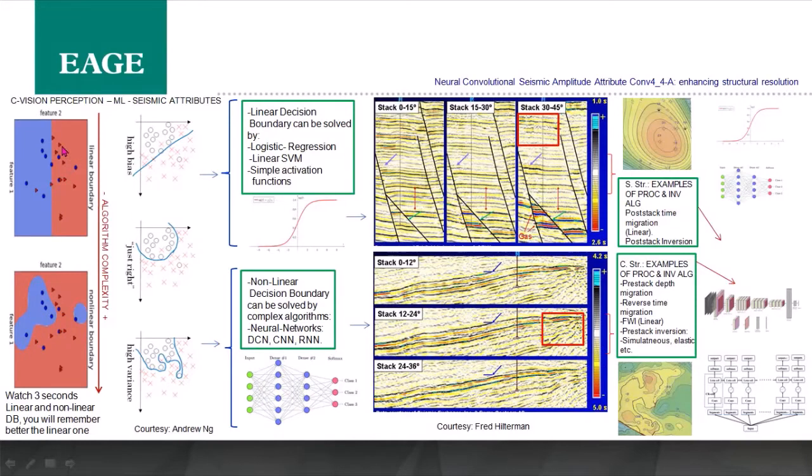In the vertical direction, images represent processes in one single discipline. We have machine learning, deep learning, we have seismic attribute analysis, process inversion interpretation. We have linear and nonlinear decision boundaries, and we have simple and complex structures.